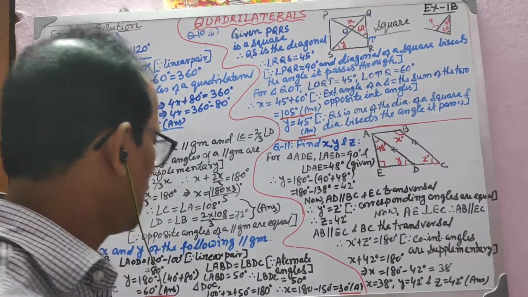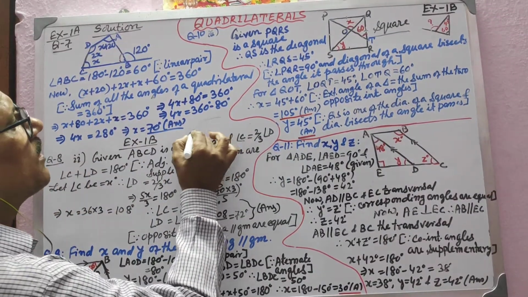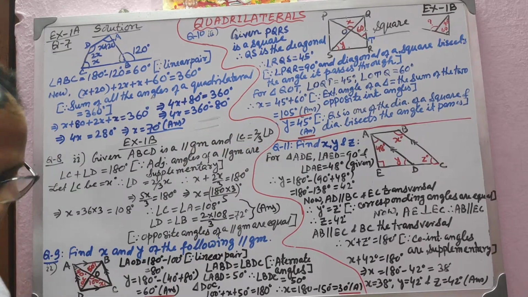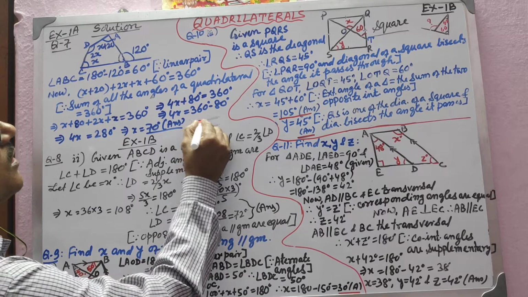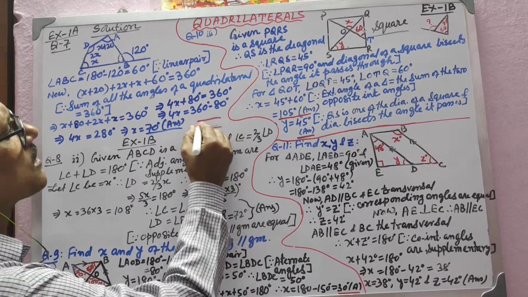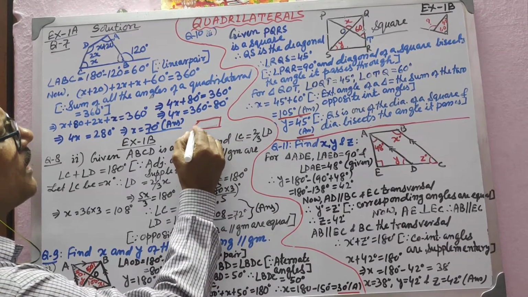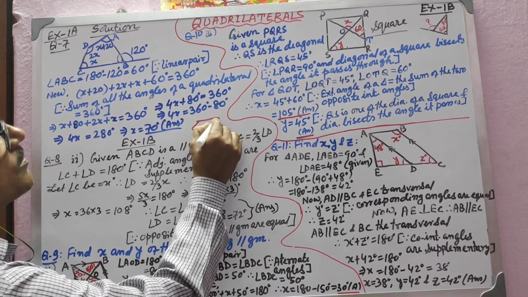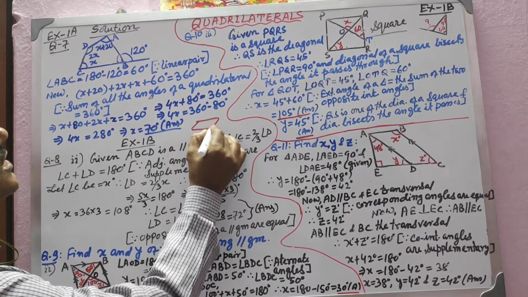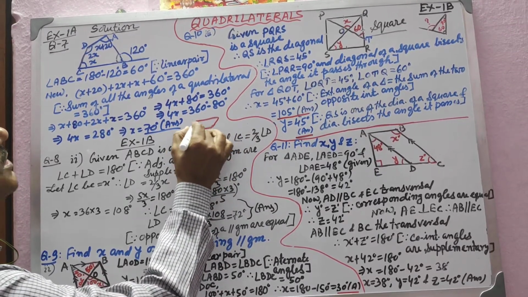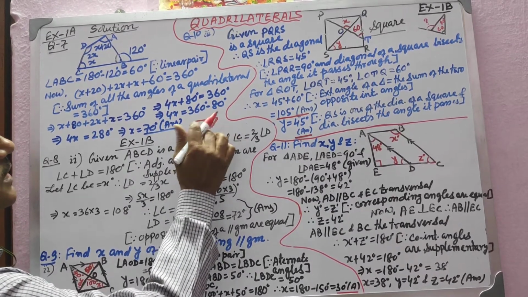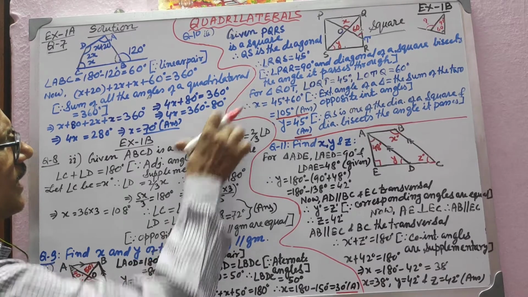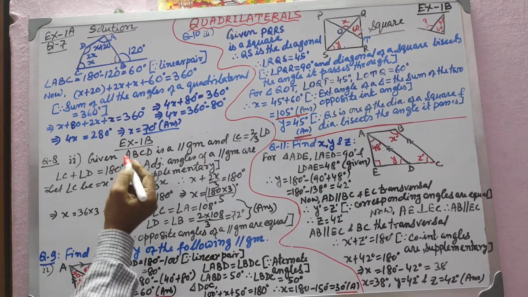Adjacent angles means, in any parallelogram, the adjacent angles will be supplementary. Why? Because this is a parallelogram, and this angle and this angle will be supplementary, because these two lines are parallel and this is a transversal. So adjacent angles are supplementary based on the property.